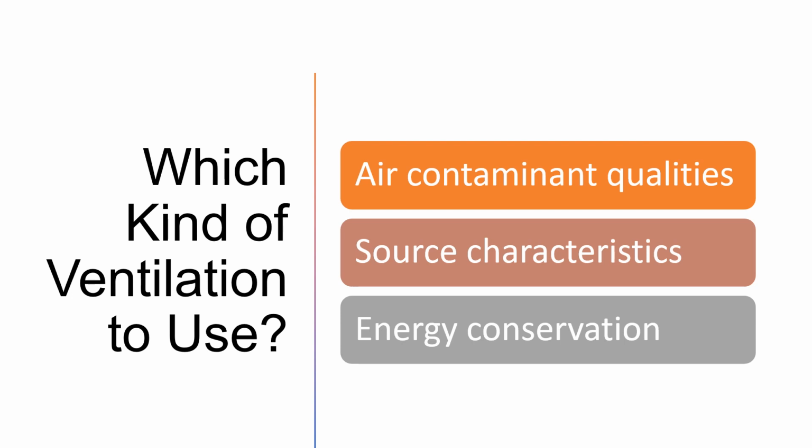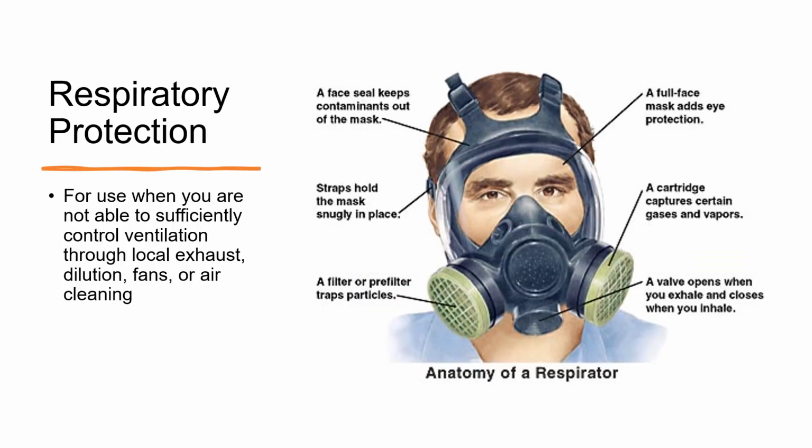Or like we mentioned with dilution ventilation, you have to take into consideration the energy cost of heating an entire room if you're introducing cold, clean air into that room. So these are questions that you need to ask yourself if you're trying to figure out what kind of ventilation to use.